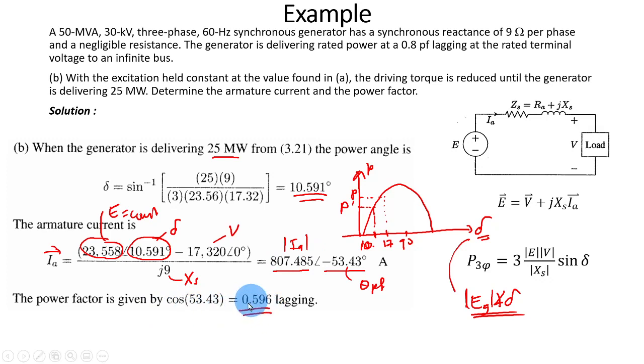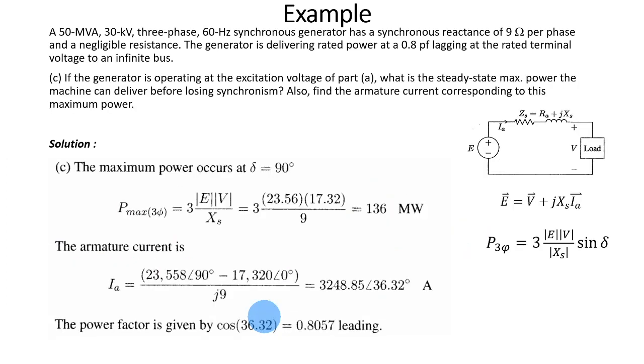From the previous example, the power factor was 0.8, and now it has been reduced to 0.596. Of course, if you reduce the real power, it will change the power factor of the system.